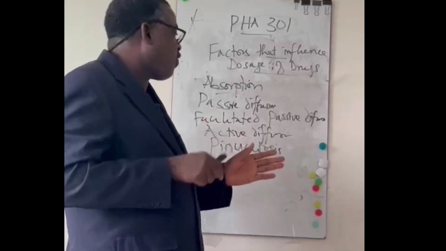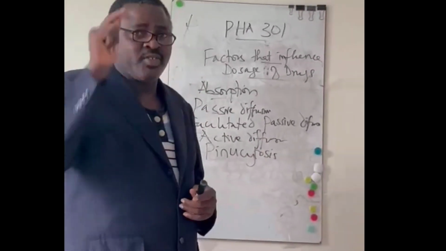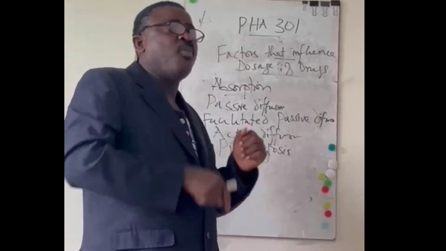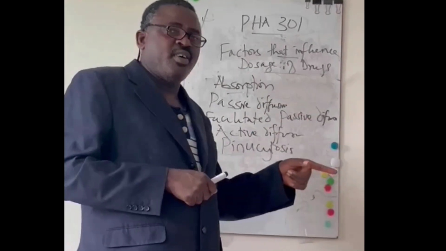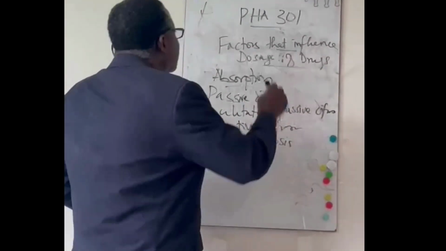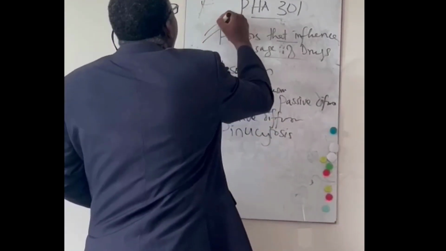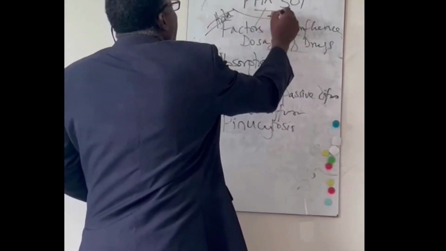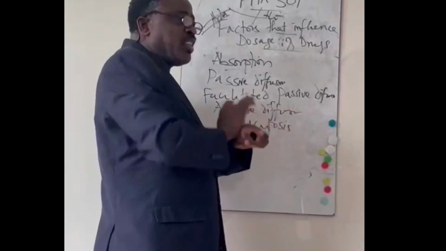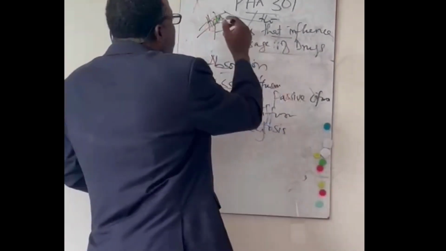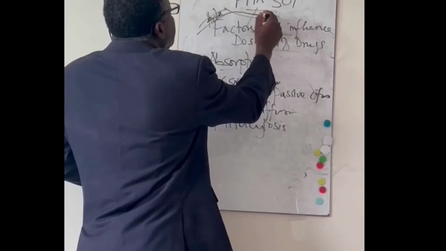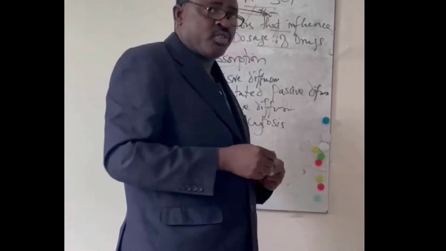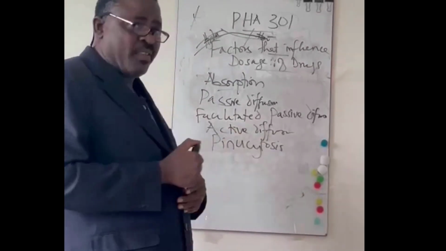So it moves from the area of higher concentration to the area of lower concentration. The intestine where you have the drug is the highest, the bloodstream where it is going is the lowest. So it is possible without any force at all for this drug to pass through this wall directly into the area of lower concentration. That's what they call passive diffusion.